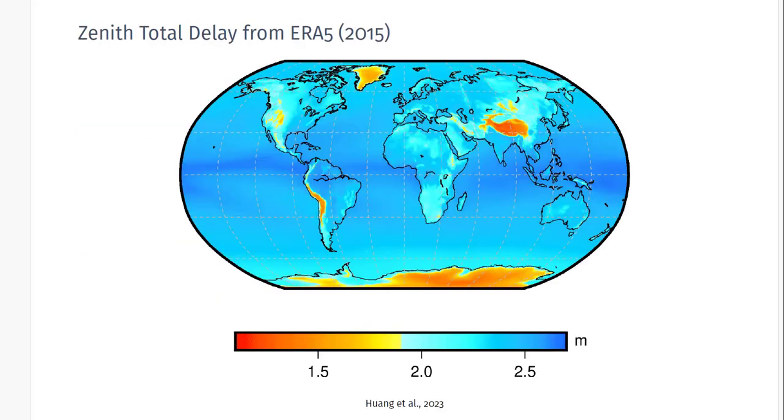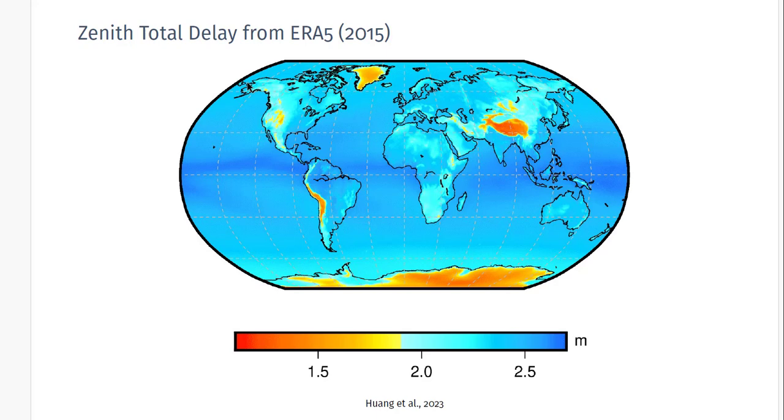This is an example of what the total delay looks like. That's from a climate model, and that tells you the delay, now in meters. And what we see is that the Himalaya, the Andes, they have a low delay of only 1.5 meters, and that's mostly because they are high up in the atmosphere, meaning the column is shorter, right?